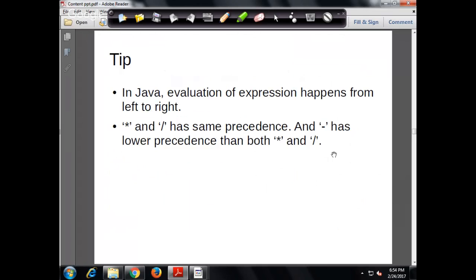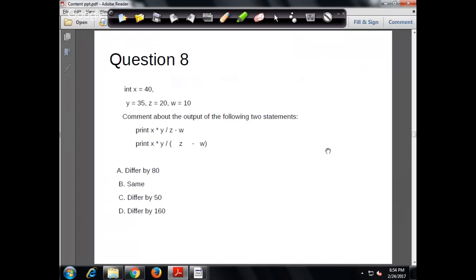So here's the tip. And now that I've displayed the tip, I'm going to display the question again, and you can try to relook at the question based on what you have learned from the tip.